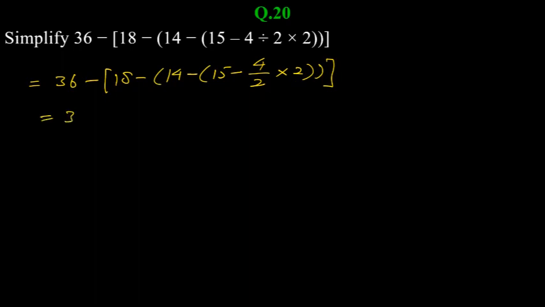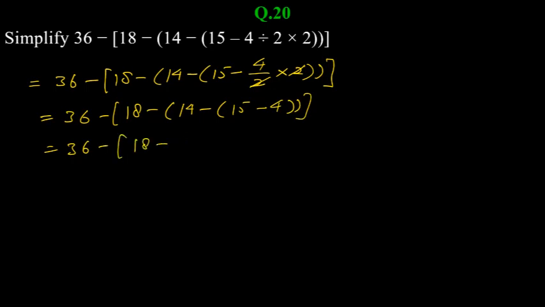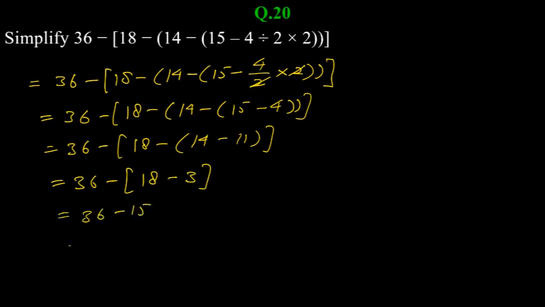So it will be 36 minus 18 minus 14 minus 15 minus 2 got cancelled 4. That is 36 minus 18 minus 14 minus 11. 36 minus 18 minus 3. 14 minus 11, 3. 36 minus 15, that is 21.